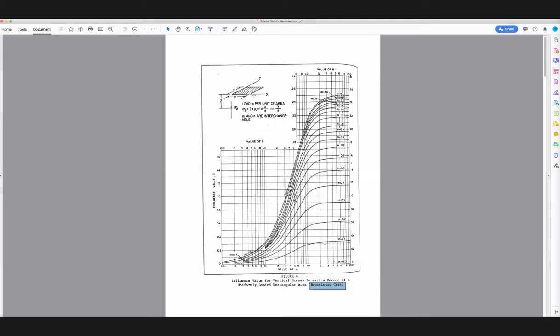And this one is for a uniformly loaded rectangular area. That's reasonable for a lot of foundations, but not directly on target, but we certainly need to make some simplifications and assumptions as we go along.